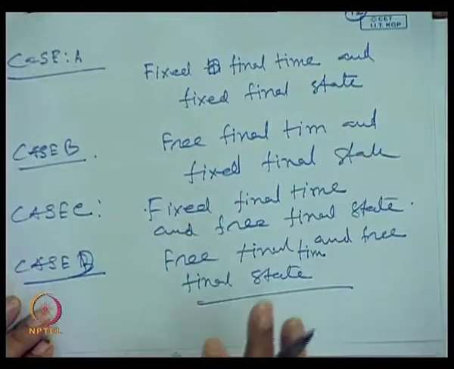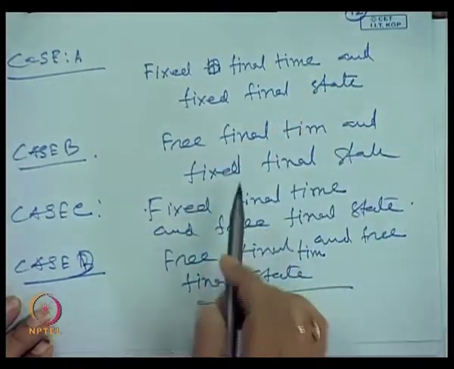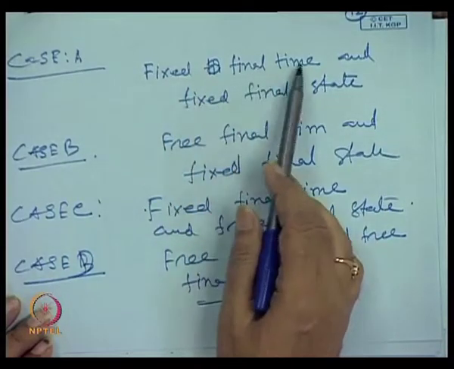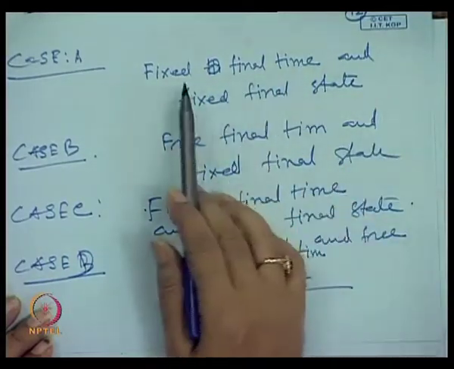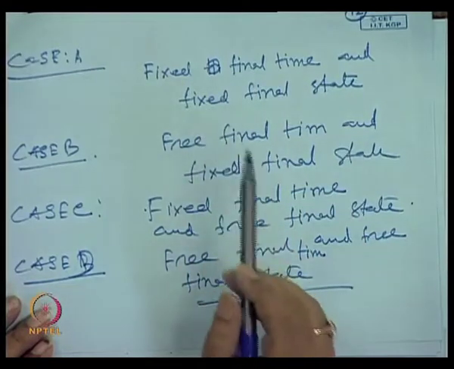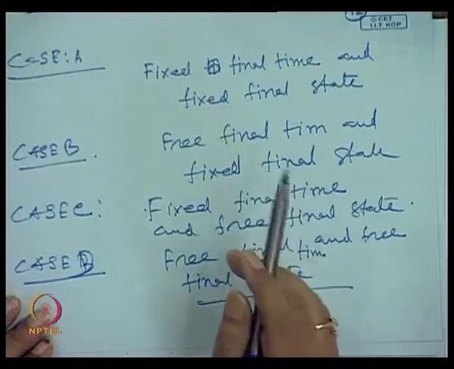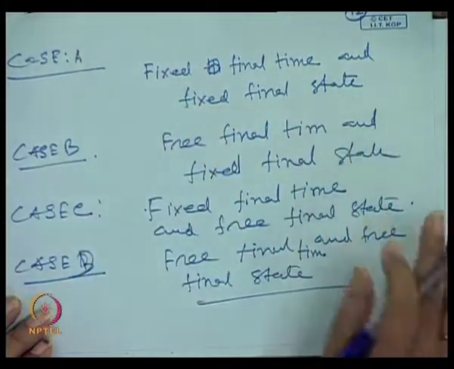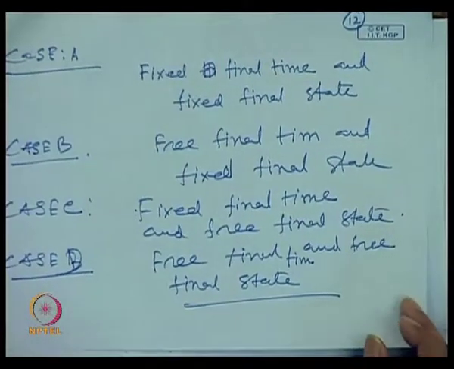These three equations are to be solved, and the only change is in the boundary conditions. Since both final time and final state are fixed, delta t f is 0 and delta x f is 0. So, there is no boundary condition for that.